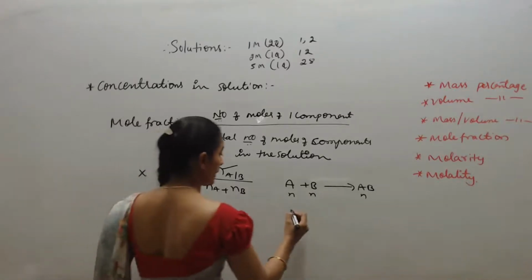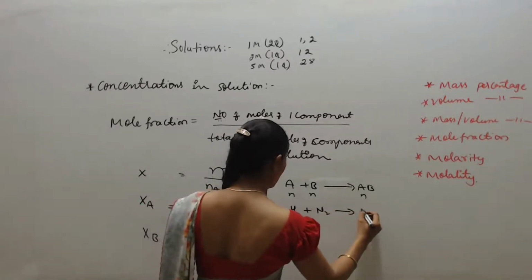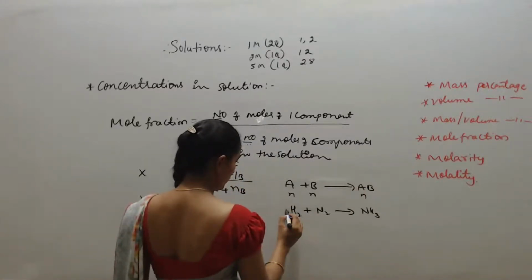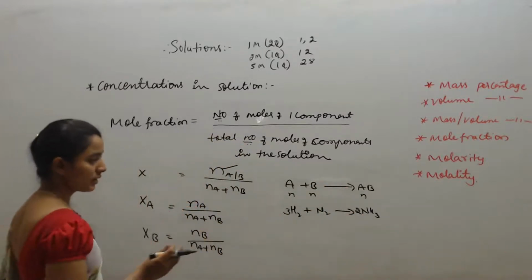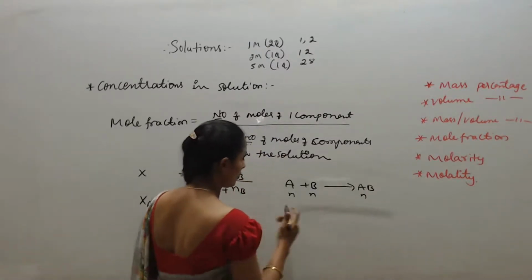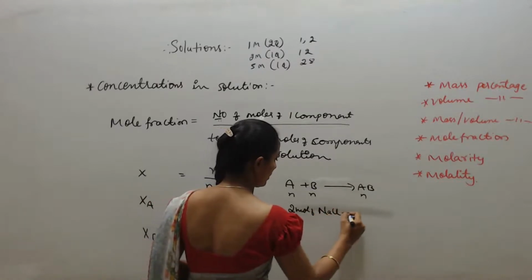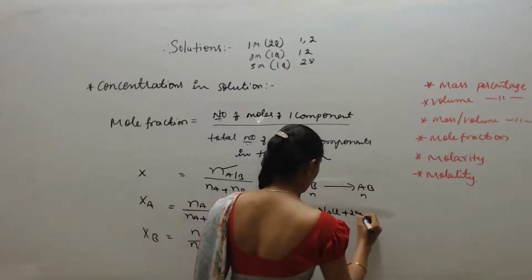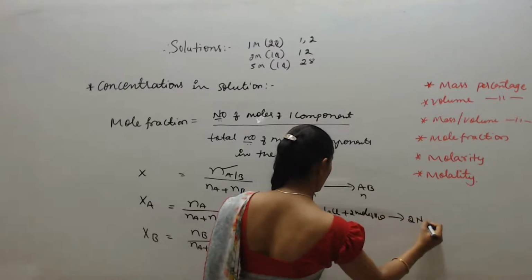For example, take H2 plus N2 gives rise to NH3. This is 3 moles, this is 2 moles. So this is the solution. Take 2 moles of NaCl and 2 molar H2O giving 2 molar NaOH.